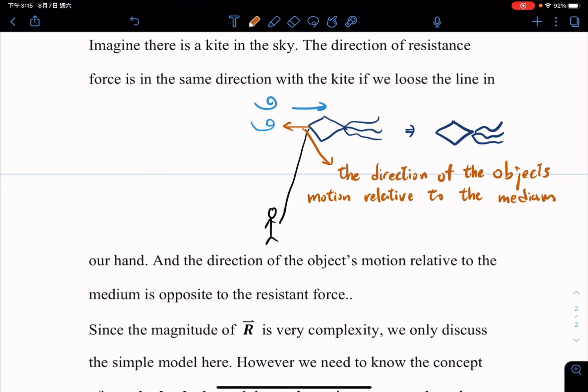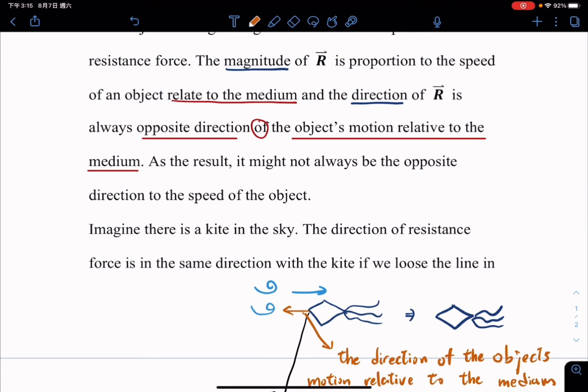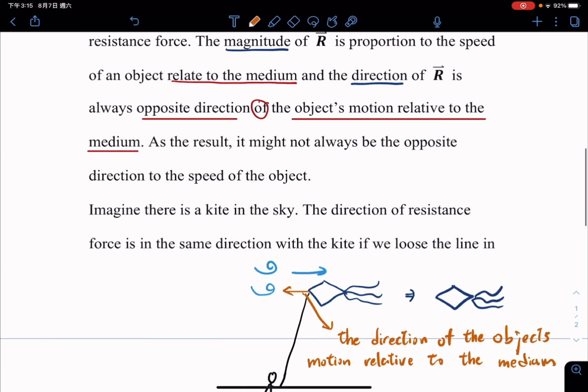As a result, we can see that this definition can be proved: the direction of the resistive force is always opposite to the direction of the object's motion relative to the medium.